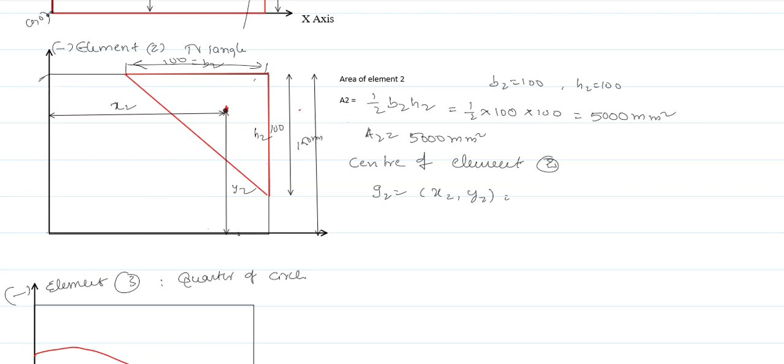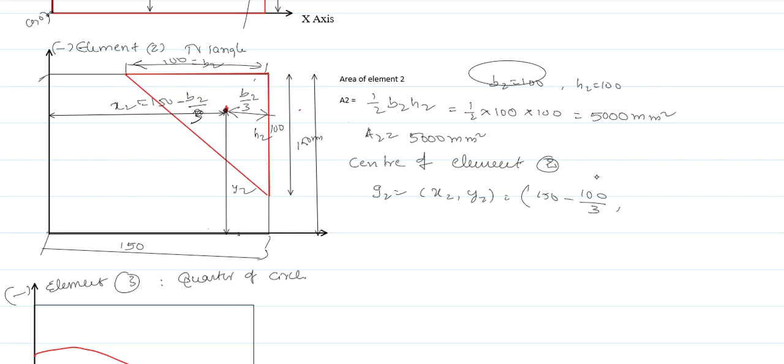So from the 150, you must subtract this value. If you subtract this value, you will get x2. This value is our triangle base, right? So b by 3, that is b2 by 3. So 150 minus 100 by 3.